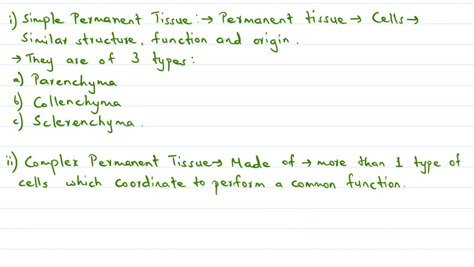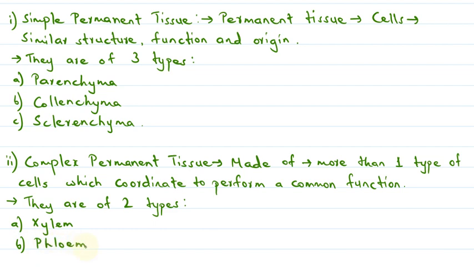Now the complex permanent tissues are also of two different types. And what are they? One is the xylem and the next is phloem. So these are two different types of complex permanent tissues.